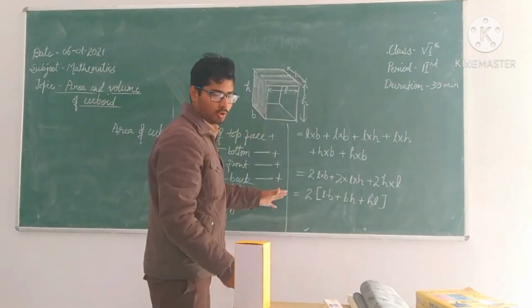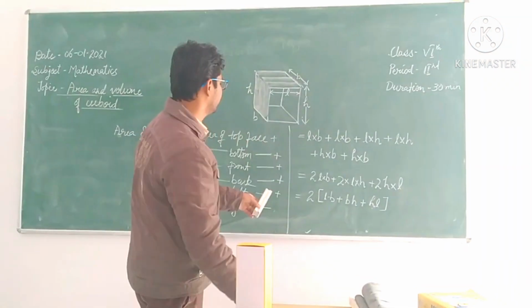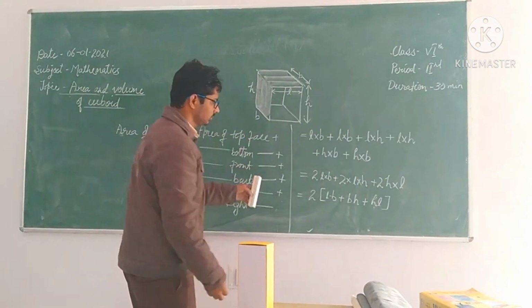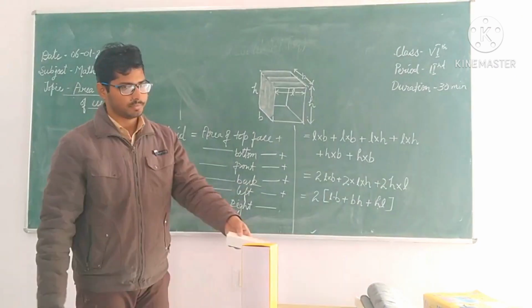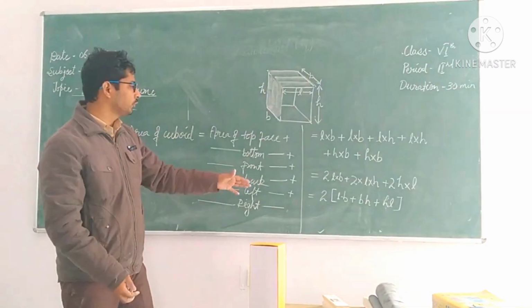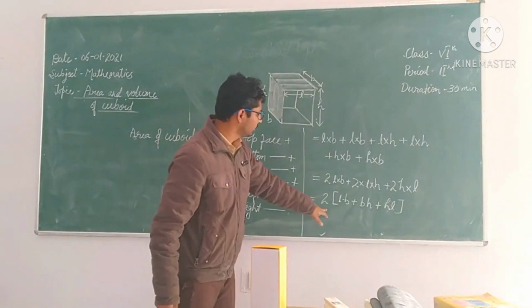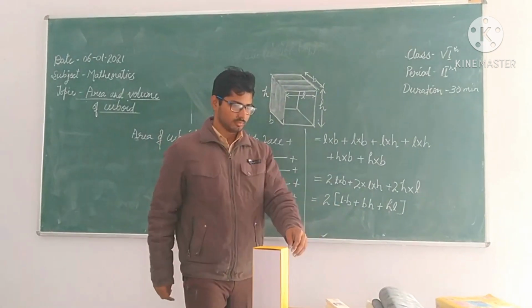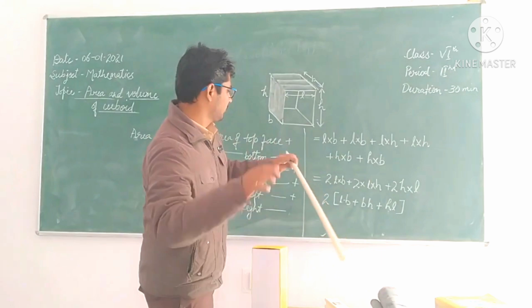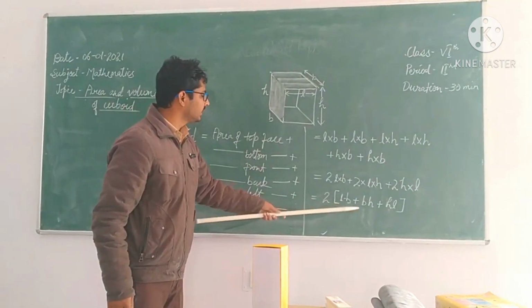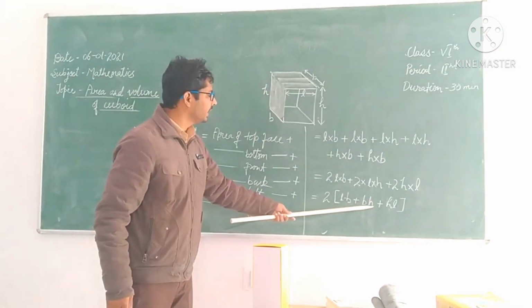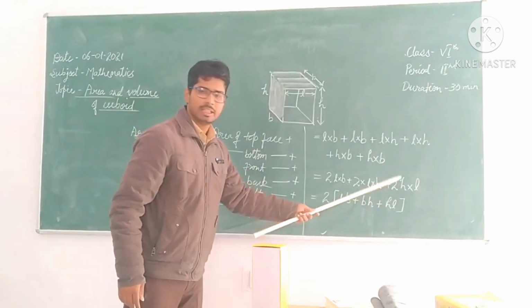So it is the formula for area of cuboid. You can all see that, and you have to remember this formula. Area of cuboid is equal to 2 times length into breadth plus breadth into height plus height into length.